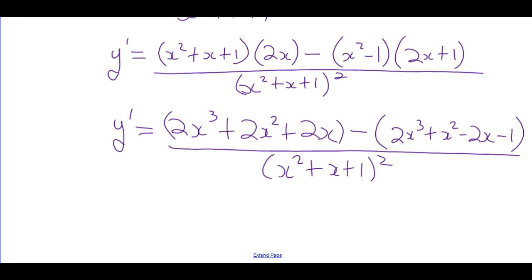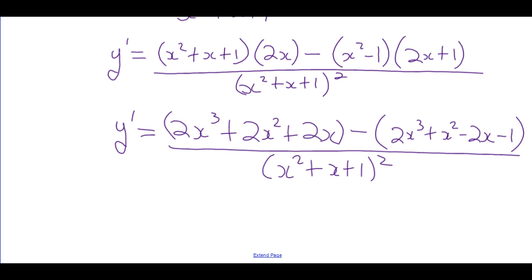g f prime minus f g prime over g squared, expand, minus sign there, remove the bracket. I'm not going to remove the brackets on a separate line. I'm going to go along and just take note of these changing sign as I collect terms.